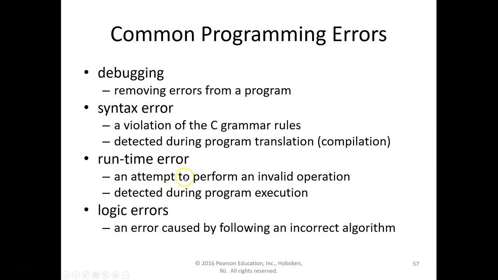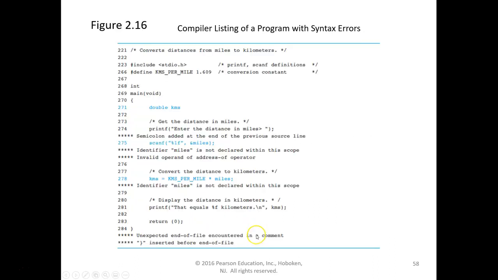Runtime error, you're trying to perform an invalid operation, like dividing something by 0. So when you compile your code, it's fine, but when you run it and put in some data, then you may see the problem. Then the logic error, that's an incorrect algorithm.